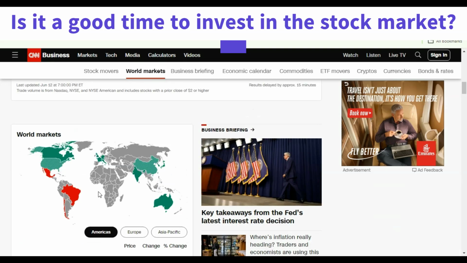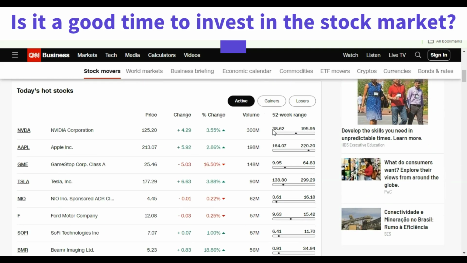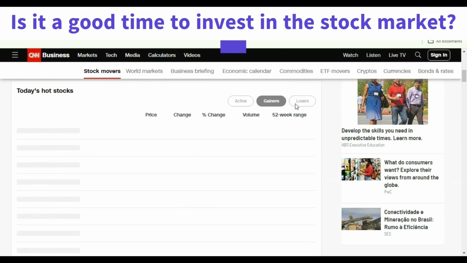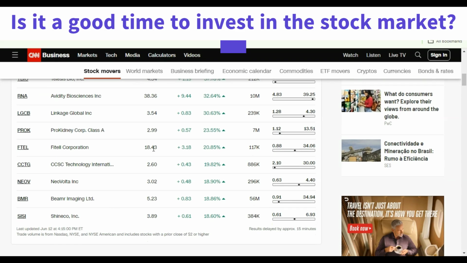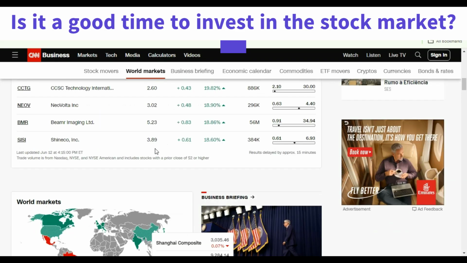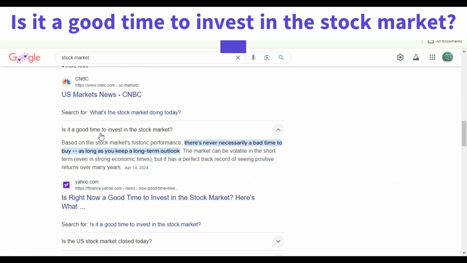Here we are on the selling side. You can see the gainers and the losers, the losers also, Direct Digital Holdings, the price. You can see all the things.